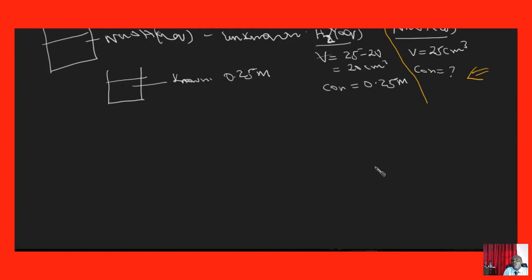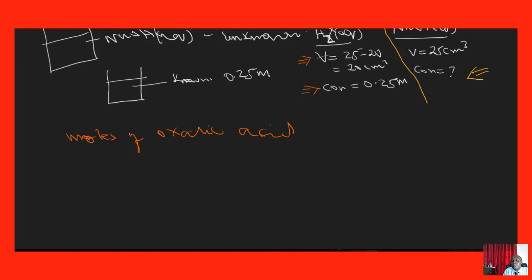To do that, we need first to work out, from the volume and the concentration of oxalic acid, the number of moles which were run out of the burette. So, moles of oxalic acid.